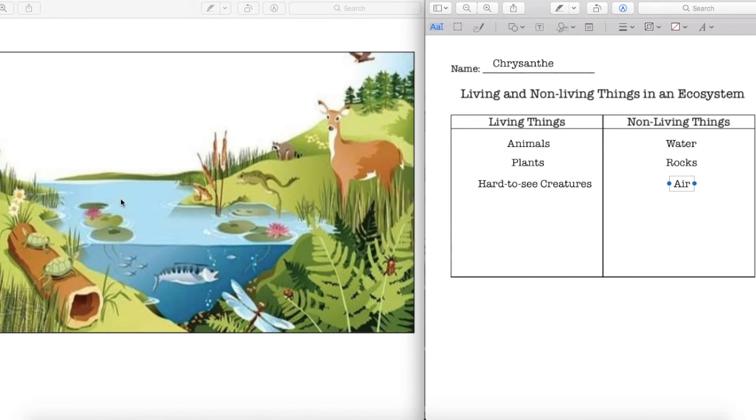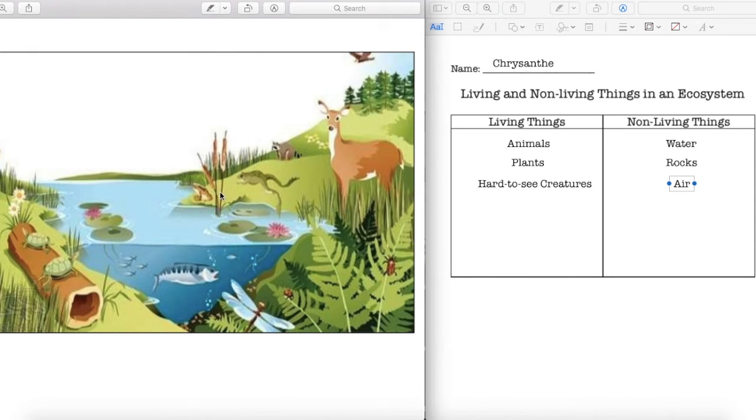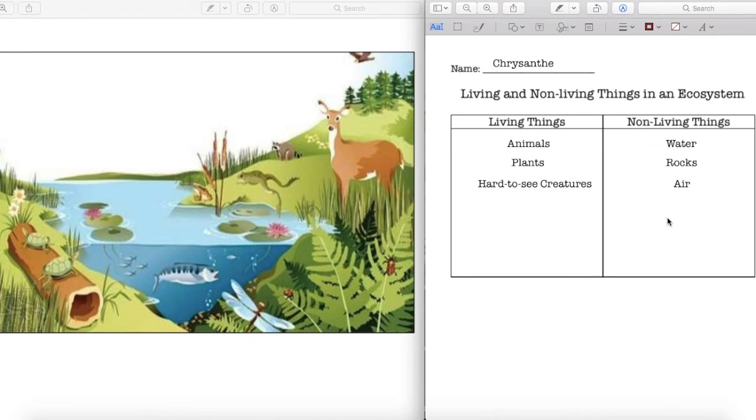What else do we see? It's sort of hard to see because it's underneath this grass, but underneath all of these plants is probably some soil. Let's also add soil as one of the non-living things that's in an ecosystem.